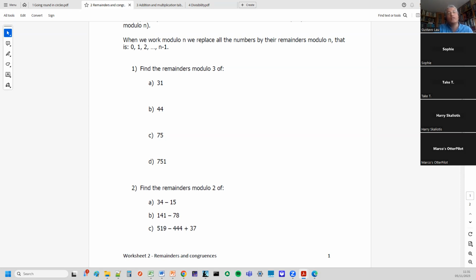So this is modulo 2, sorry. Modulo 2 is either 0 or 1, depending on whether it's even or odd. So this one is 1, this one is 0, and this one is 1. So you get 1 minus 0 plus 1, which is 2, which is 0. Okay?